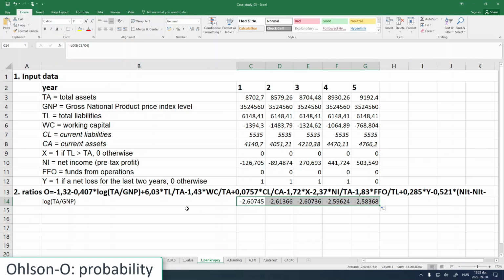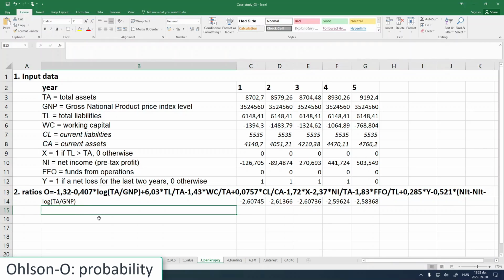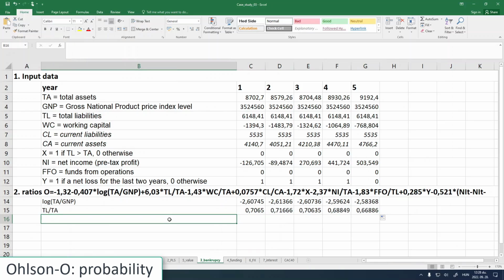Then we can go sideways. Then total liabilities to total assets, so leverage. Total liabilities divided by total assets. If it's bigger than 1, then we are in trouble, but at least we are not, from this point of view.